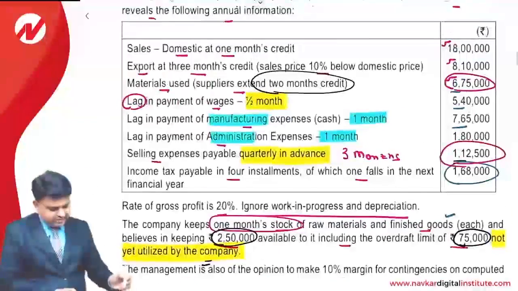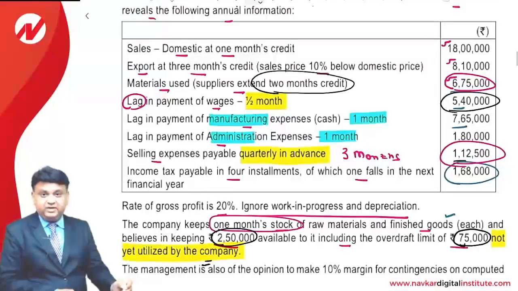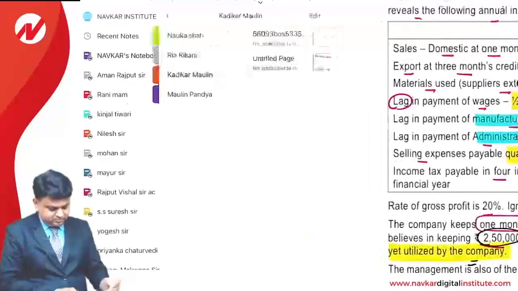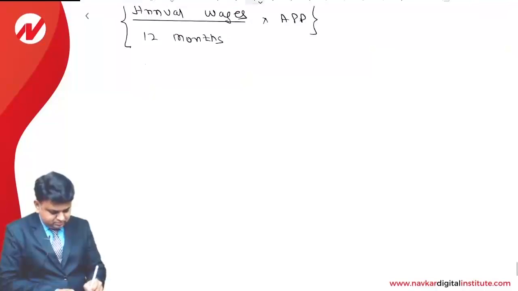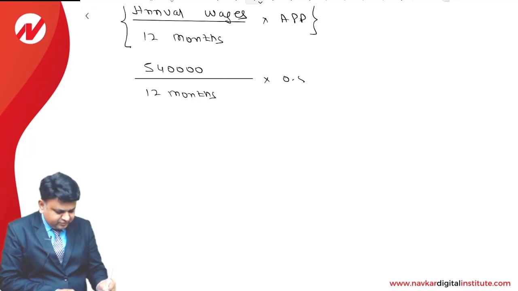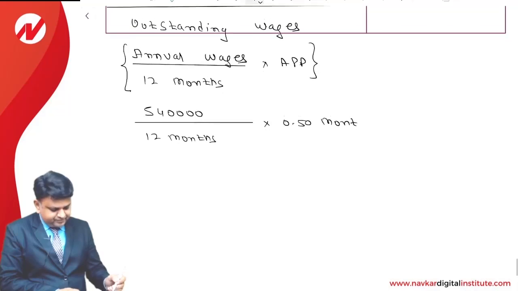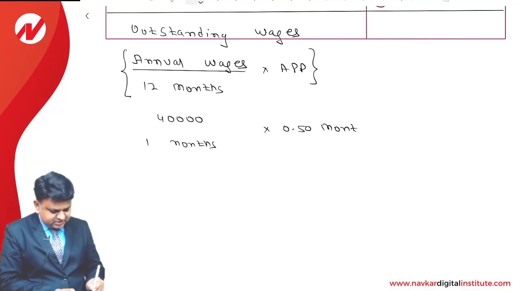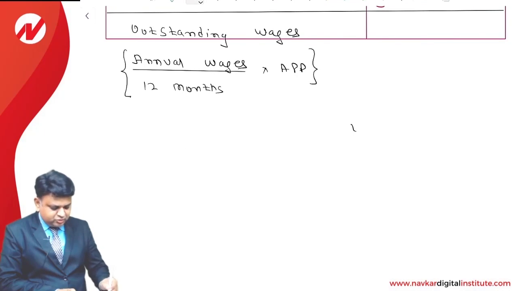Annual wages is provided to us in the example as 5,40,000 divided by 12 months into 0.5 month. That is the way we can compute the outstanding wages.